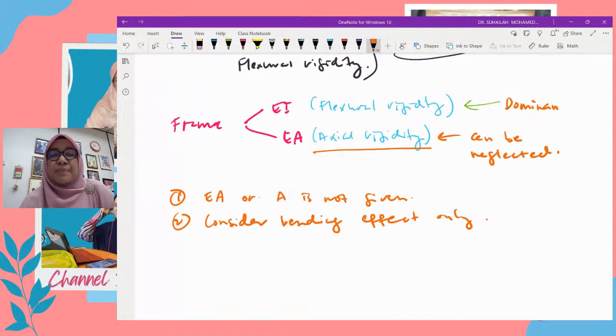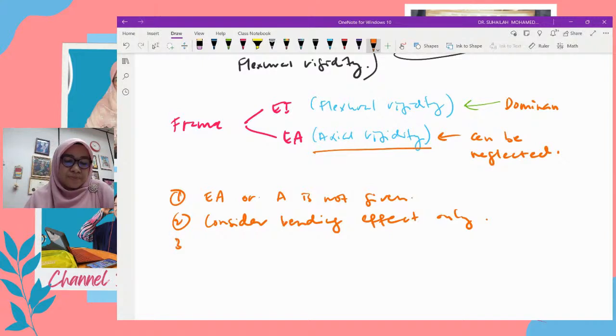Whenever you find in the question a statement about bending effect only, then you need to consider EI only. You don't need to consider EA, the axial rigidity, because EA can be neglected.